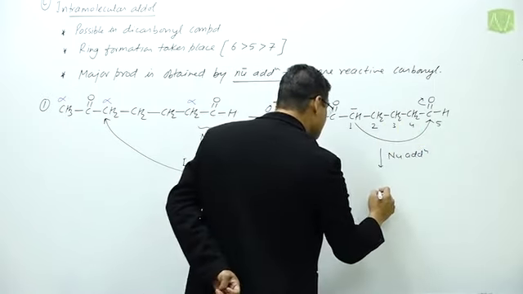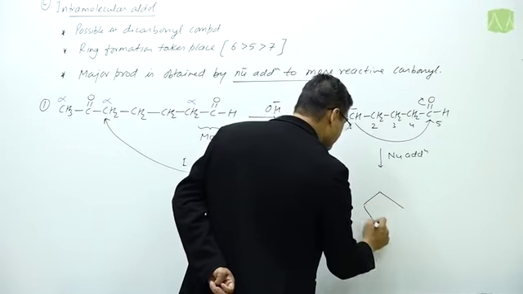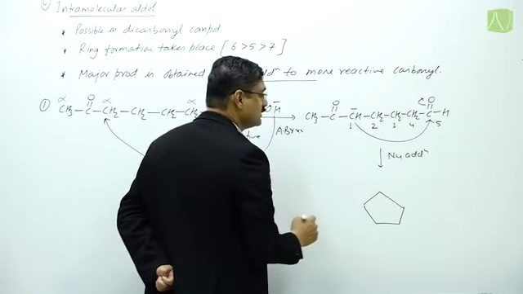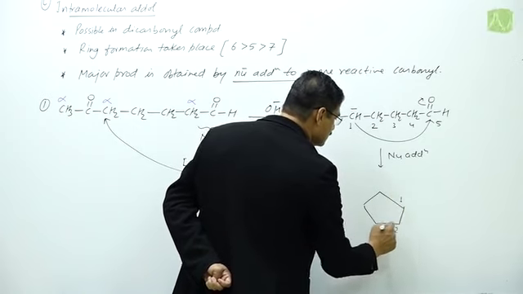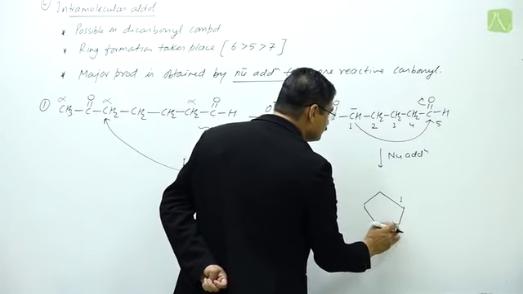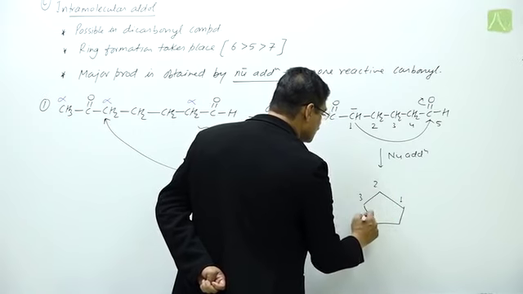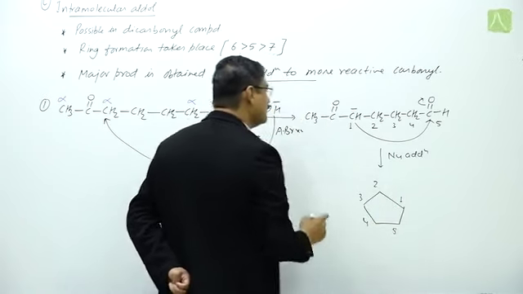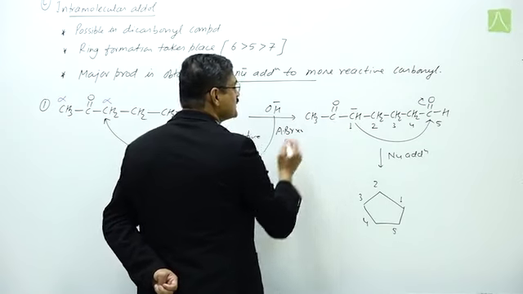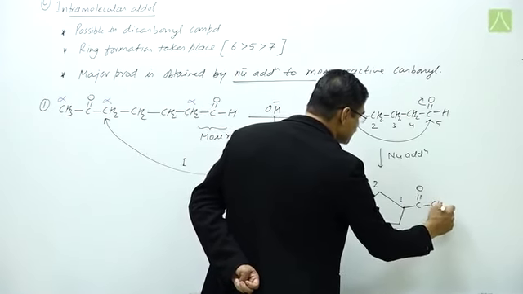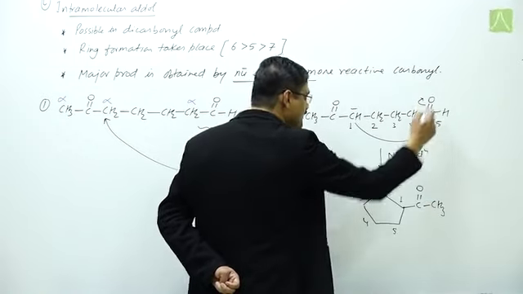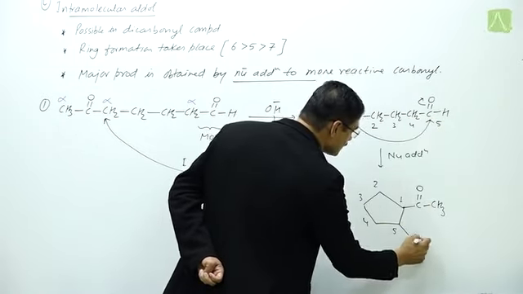So a 5-membered ring is obtained like this. You can number the same ring again, 1, 2, 3, 4 and 5. So at carbon number 1, the COCH3 group is present. At carbon number 5, OH is obtained.